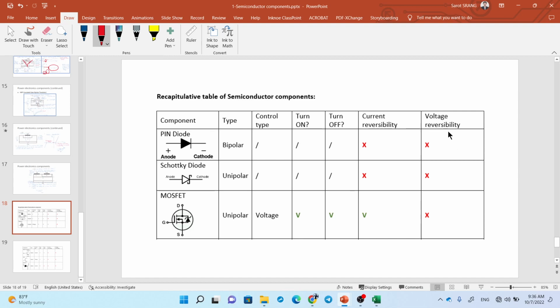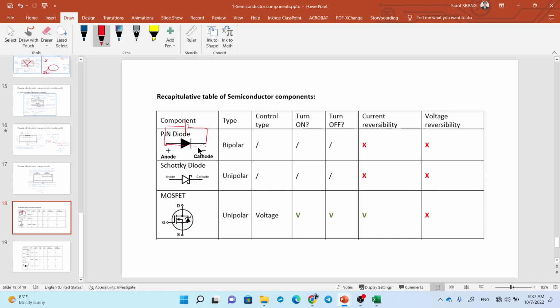And voltage as well, no reversibility of voltage. Okay, so if you supply the positive polarity of the battery to here, current flows, so ideally there's no voltage across here, right?